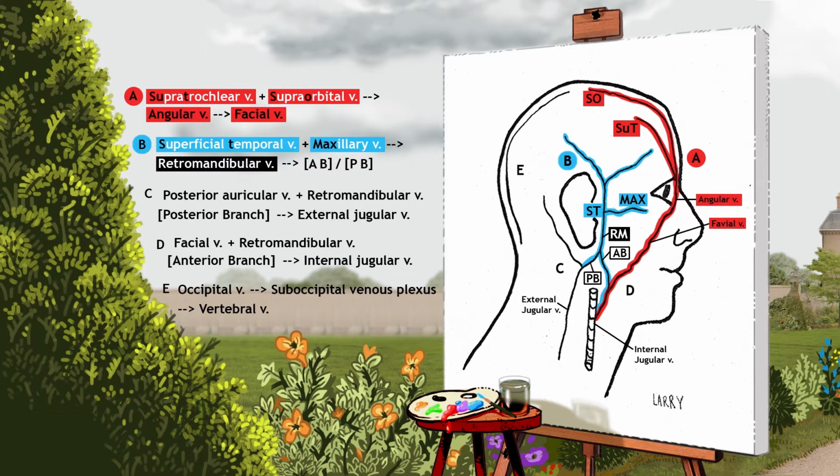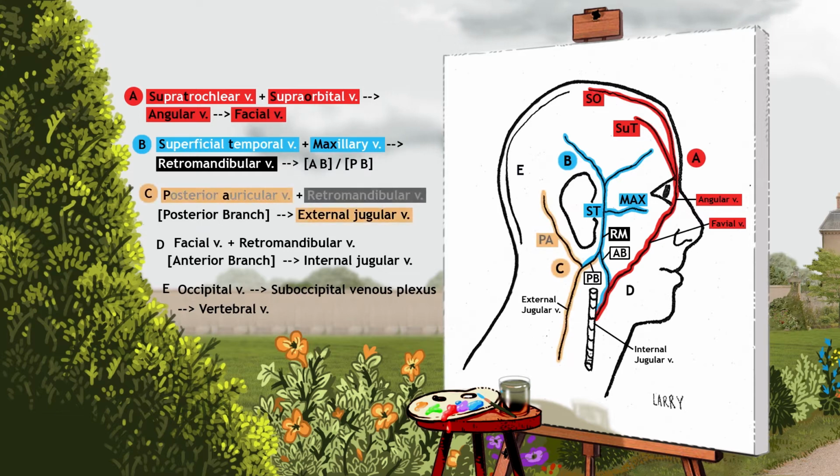Group B is showing you that the supratemporal vein joins with the maxillary vein, and this junction forms a significant retromandibular vein in that tight space between the ramus of the mandible and the external ear. The retromandibular vein drains further downward and then divides into a posterior branch and an anterior branch.